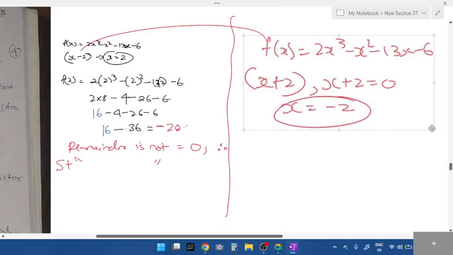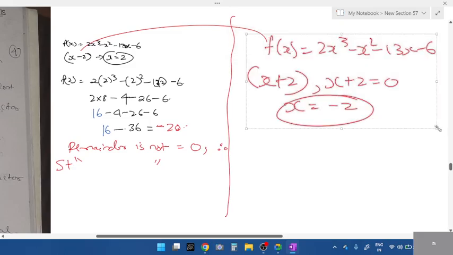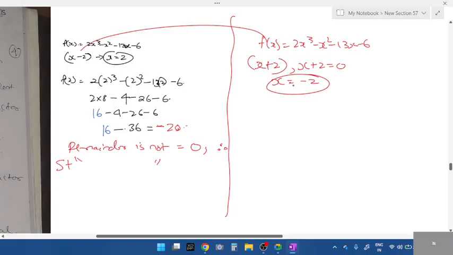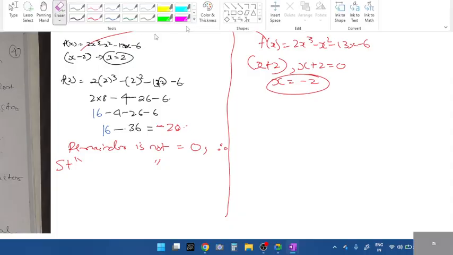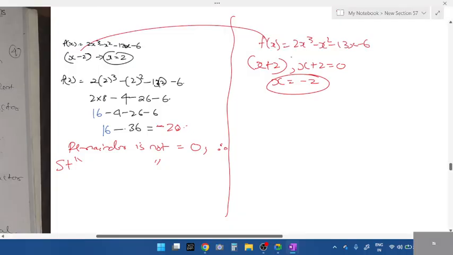Write it like this. Just check minus 2 first. If you don't get 0, then you can start. Let x is equal to minus 1, you can start like this, or let x is equal to minus 3. But definitely if you take the opposite, they have given x minus 2, so we substitute x is equal to 2. So try x is equal to minus 2 this time.